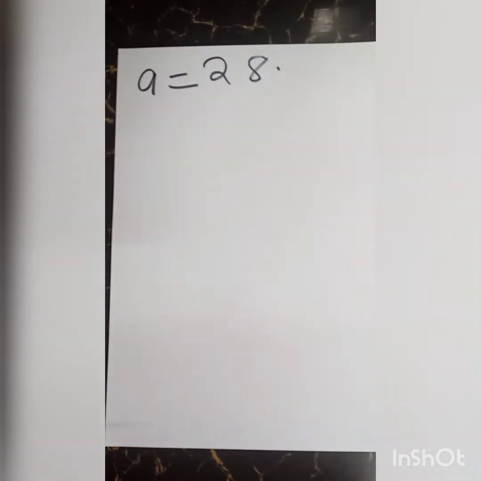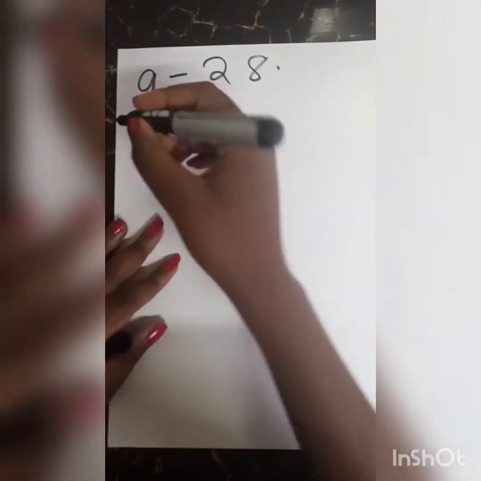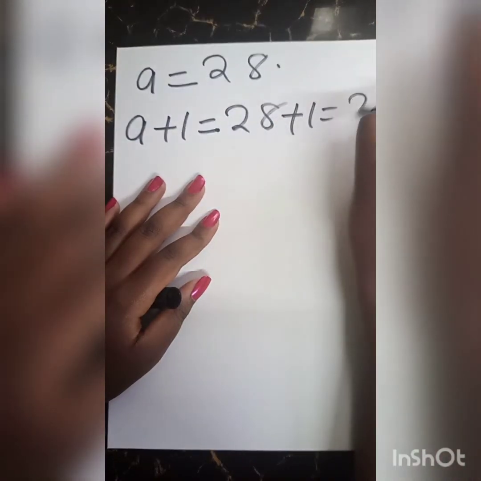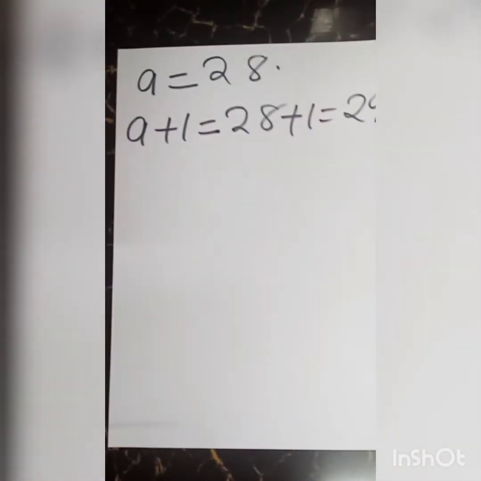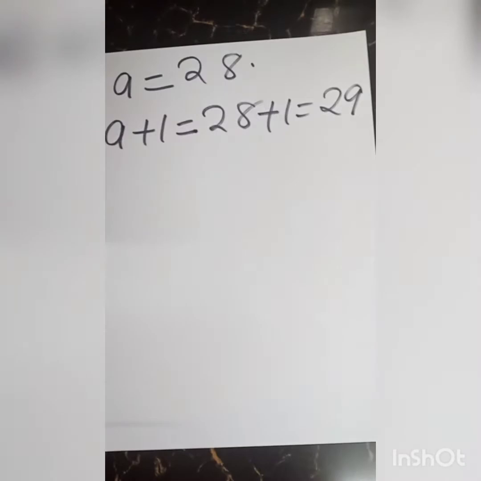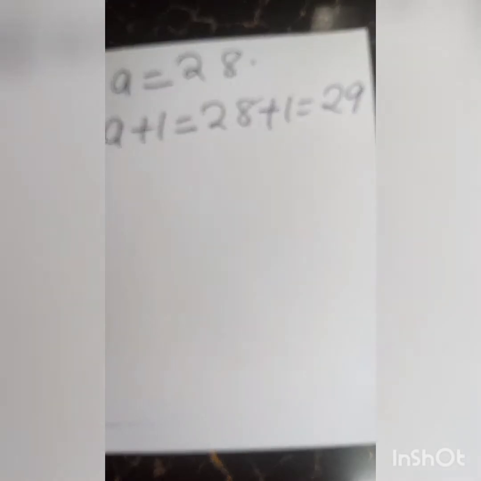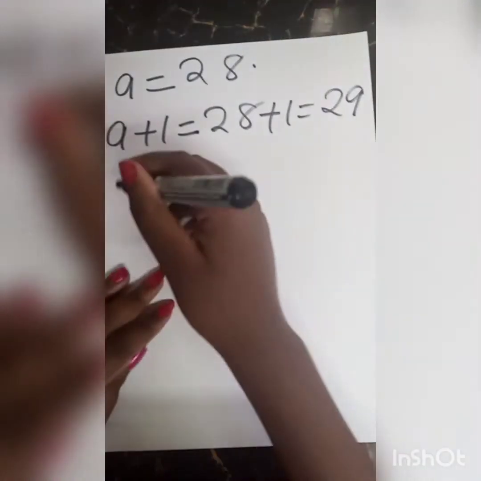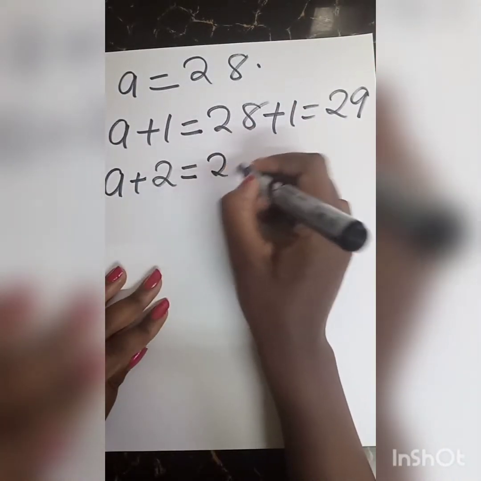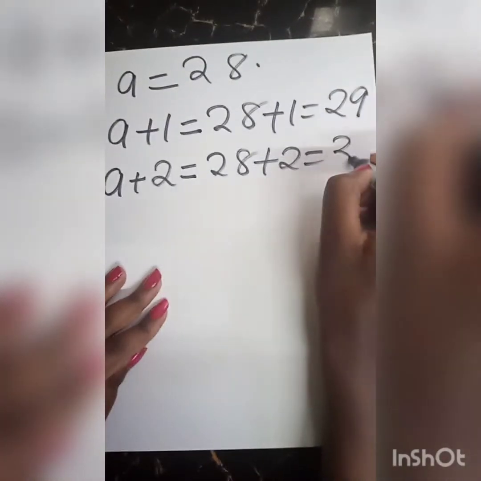So we know that our first number, which is A, is 28, okay? That therefore means that our second number, which is A plus 1, is 28 plus 1, which is 29, okay? Our third whole number will be, yes, you are very right. Our third whole number is A plus 2, which is the same thing as saying 28 plus 2, which is 30, okay?